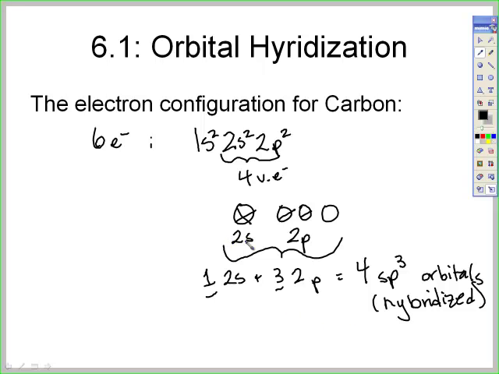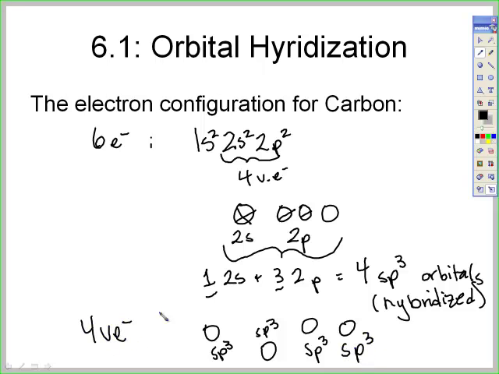So instead of this, we get sp3, sp3, sp3, and sp3. So the 4 valence electrons go in each sp3 orbital, 1 apiece, which means you can have 4 bonds for carbon.